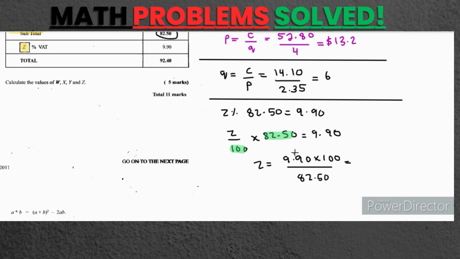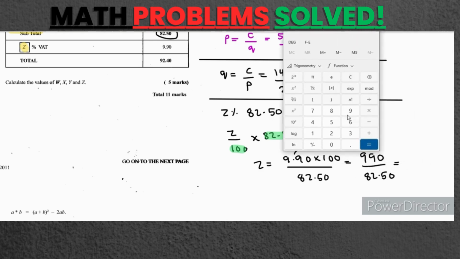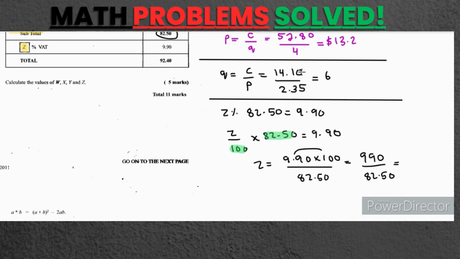If you multiply these two, you will get simply 990 over 82.50. If you take the calculator and divide them, 990 divided by 82.50, what will you get? It's 12, right? It's 12.